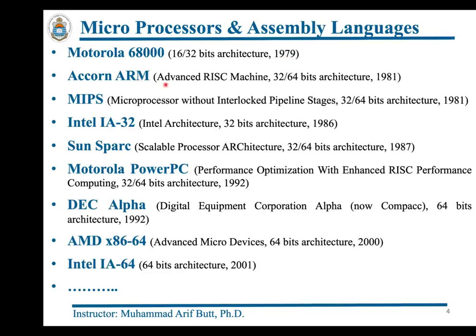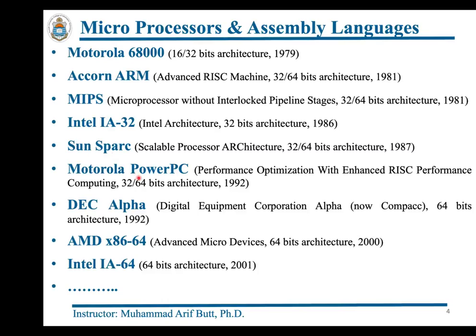ARM stands for Advanced RISC Machine, launched in 1981. MIPS stands for Microprocessor with Interlocked Pipeline Stages, launched in 1981. Intel architecture IA32 was launched in 86. SunSpark, that is Scalable Processor Architecture, was launched in 1987.